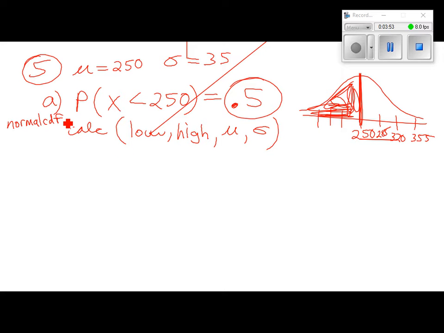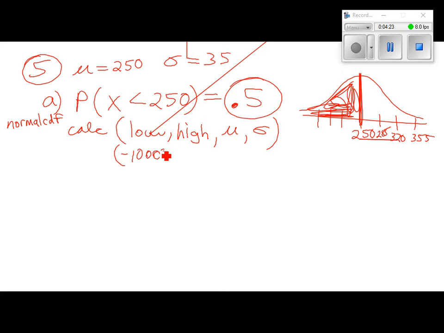So on the calculator on this one, what would we put in? Negative 10,000. Does it have to be negative 10,000? You could probably use negative 1 on this one, because how many people are going to have a bill that's negative 1? Nobody. We just use negative 10,000, and sometimes negative 10,000 will work. There were a couple of problems on a couple of the assignments where the numbers were like 625,000.